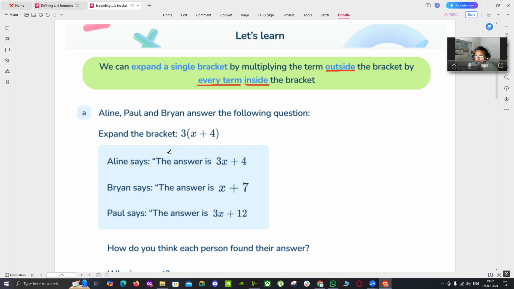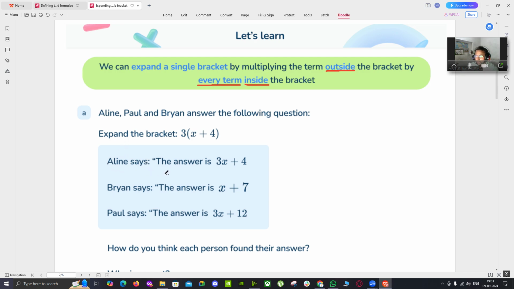Expand the bracket 3, bracket close, x plus 4. So what we mean by this sentence is that we can expand a single bracket by multiplying the term outside, which is 3 in this case, by both terms inside. So let's see who has got it correctly.